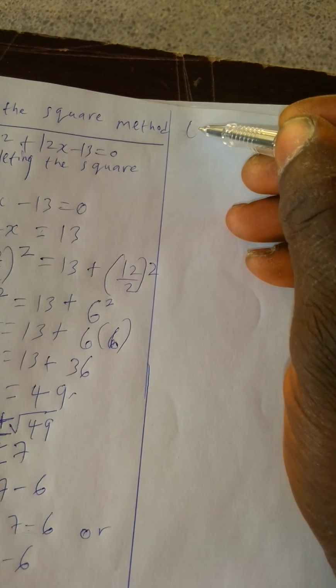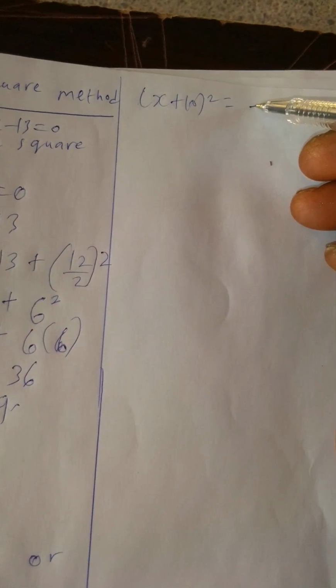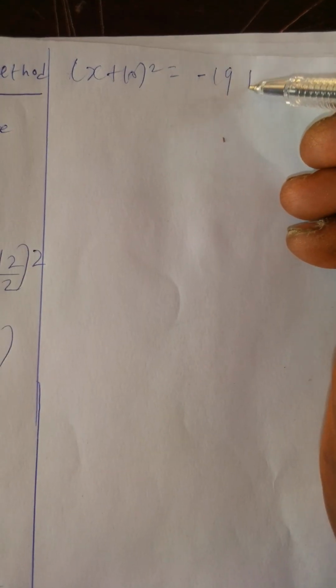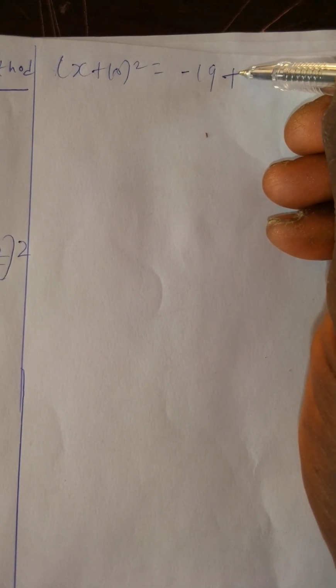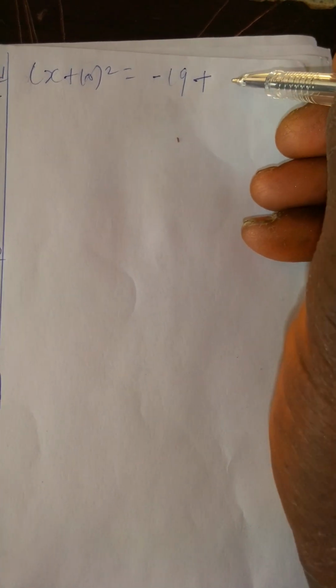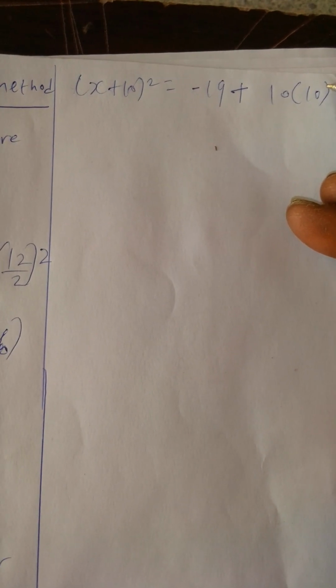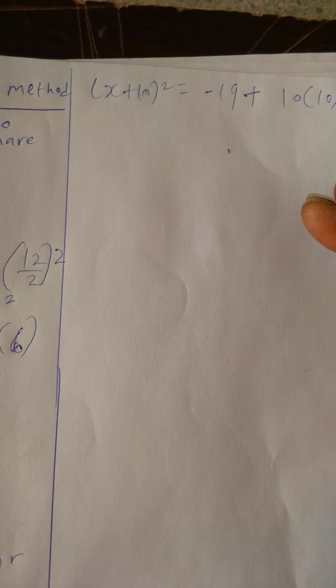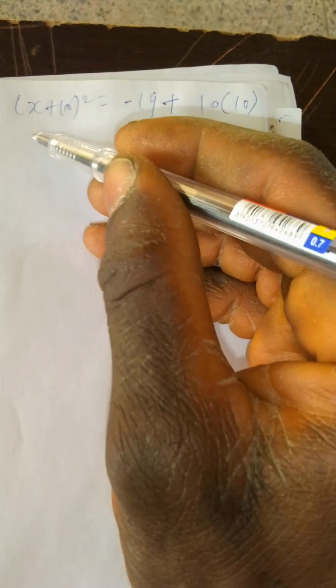So we have x plus 10 squared equals to minus 19 plus 10 squared, and 10 squared means 10 times 10, right? That is, 10 appears twice, multiplied by itself twice.